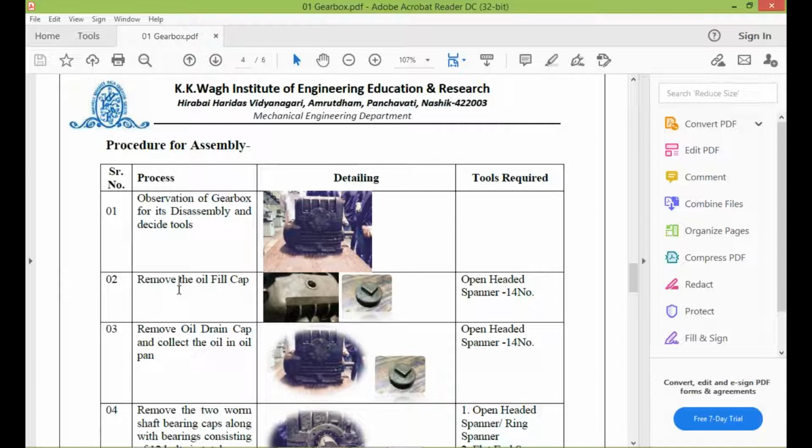First you remove the oil cap at the topmost of the casing. If this oil cap is not opened, then air bubbles are trapped inside the casing and the oil is not properly drained from the gearbox. So for the air you remove this topmost cap.